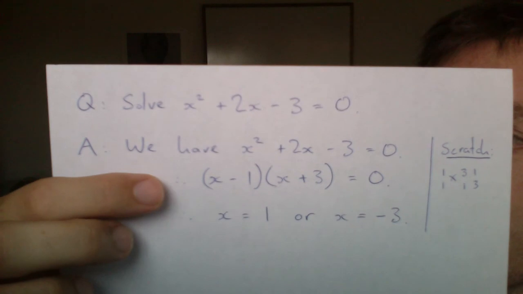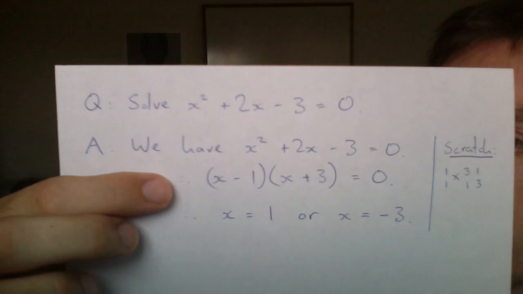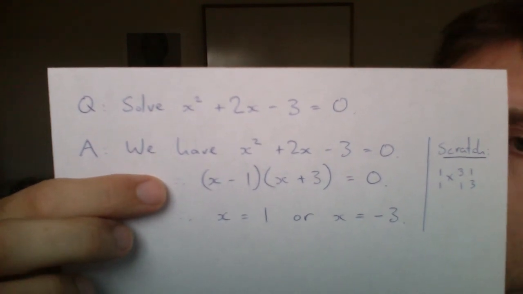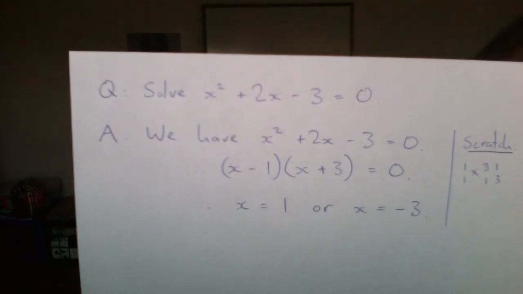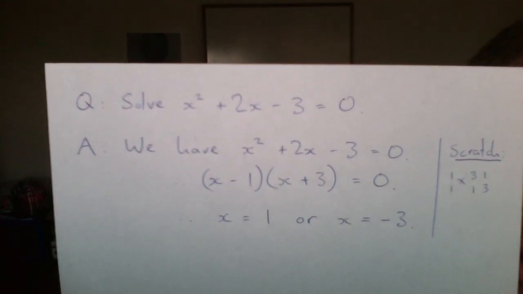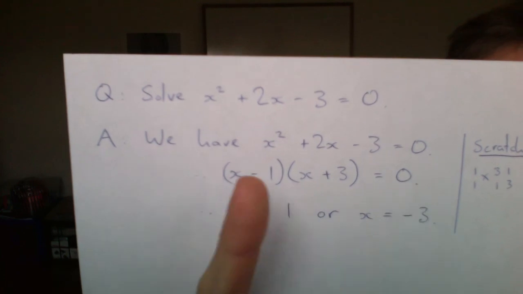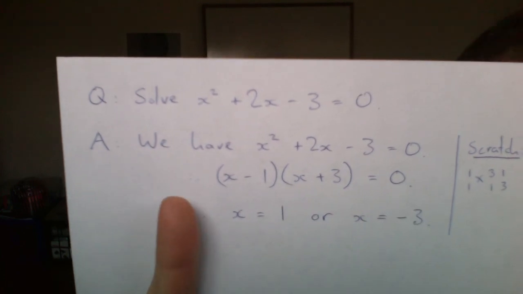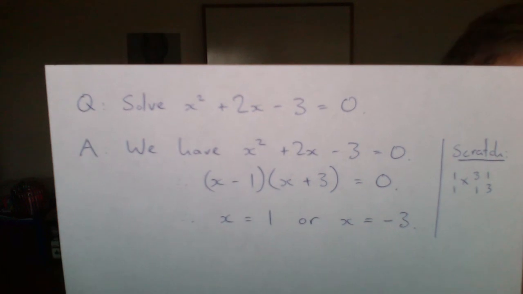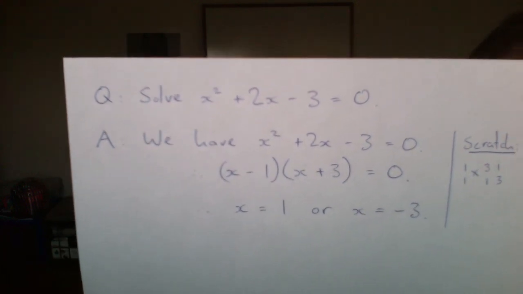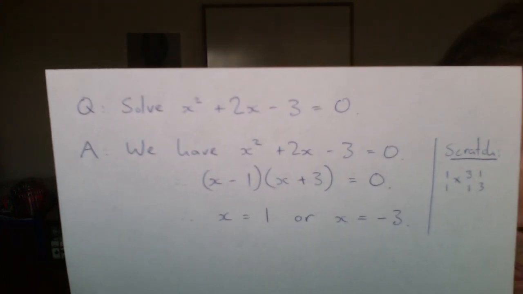So this sentence is: therefore, with a capital T, x minus 1 times x plus 3 equals 0, with a period. So this is a sentence with a therefore with a capital T at the beginning, period at the end. Therefore, x equals 1 or x equals negative 3.